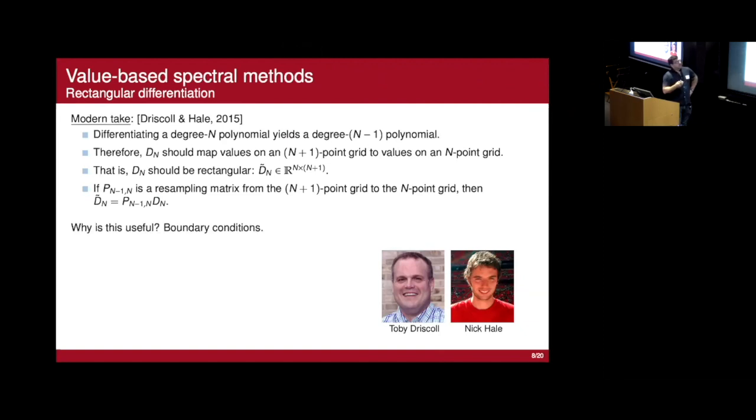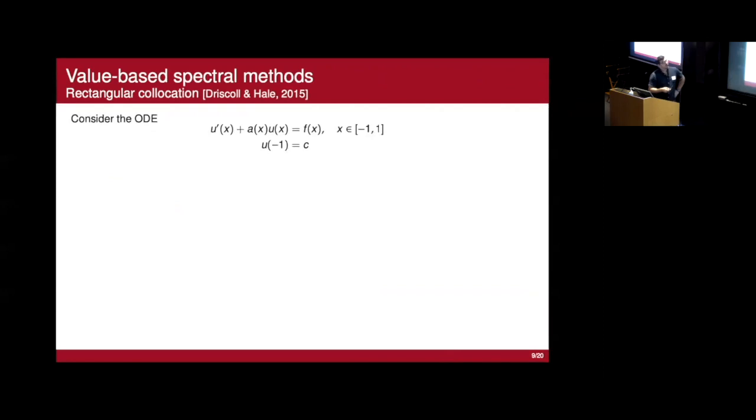And so you might ask, why is this useful? Well, it's useful when you start thinking about how boundary conditions should be imposed if you want to solve, say, an ODE. So consider the ODE u prime plus A u equals f, with a boundary condition at the left endpoint, u at minus 1 equals c.